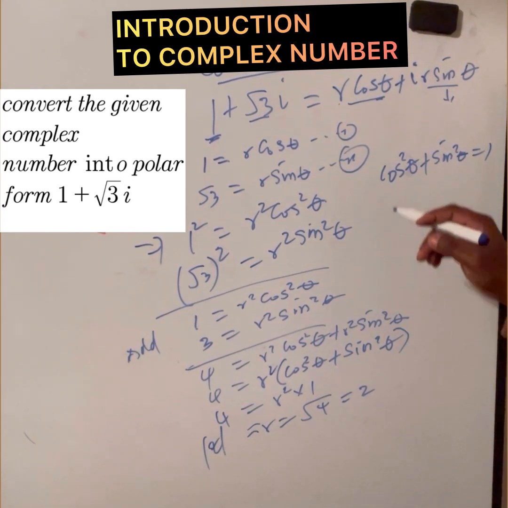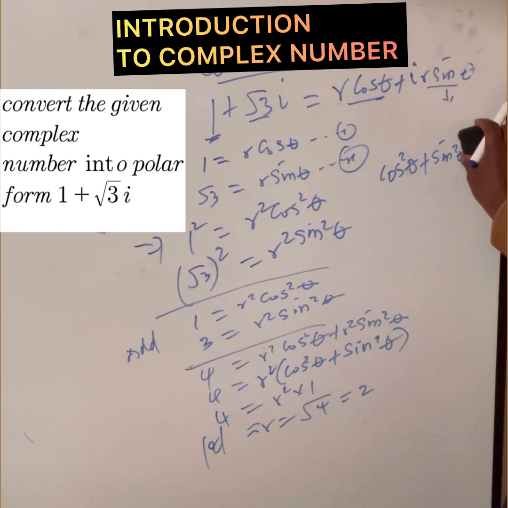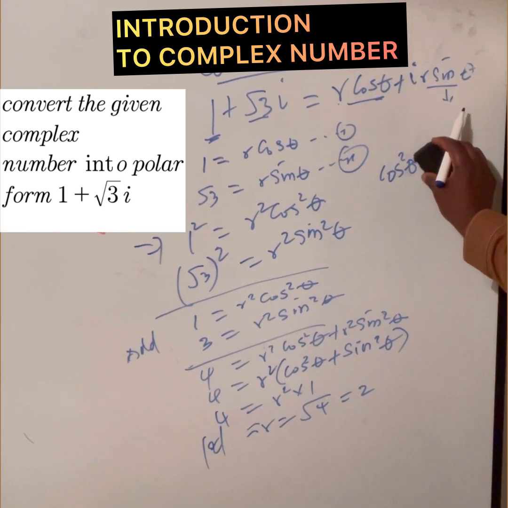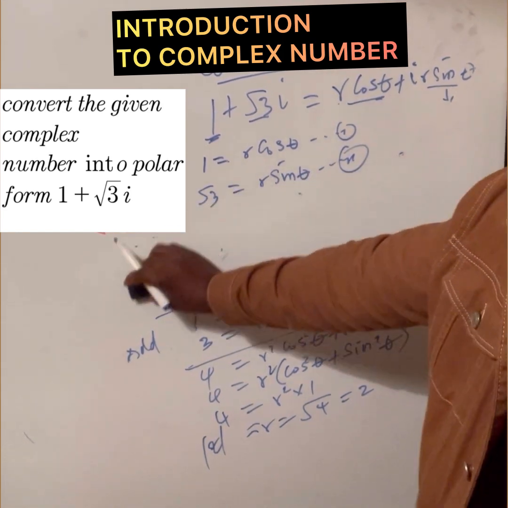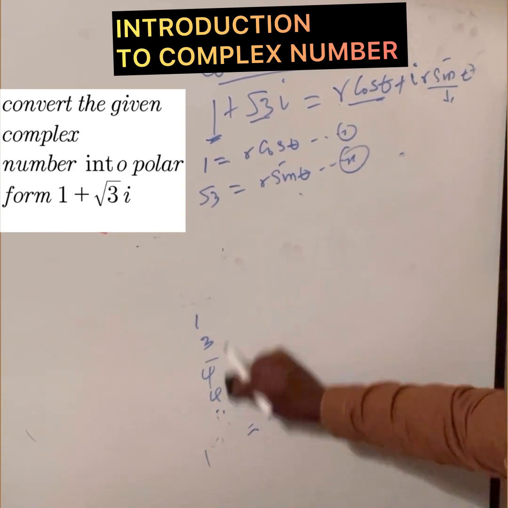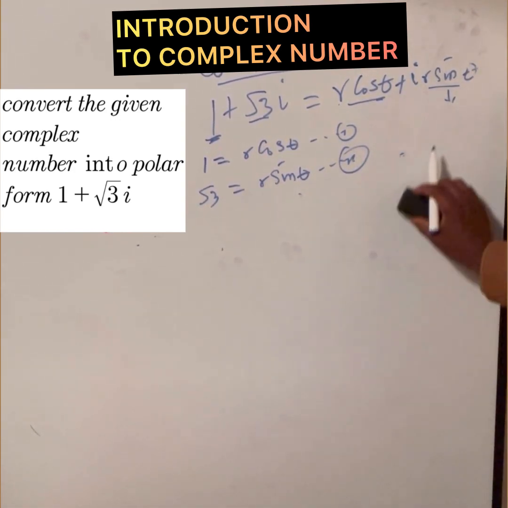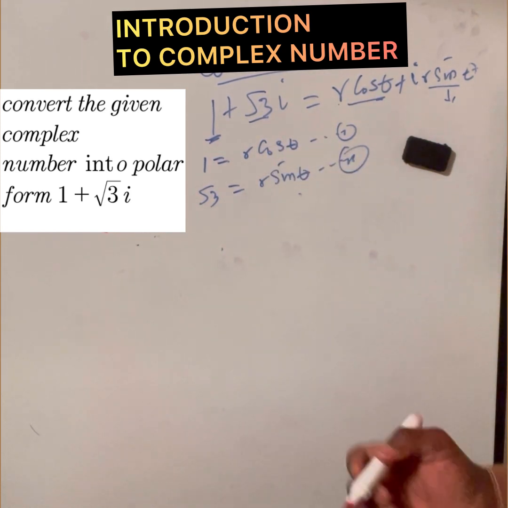So I'm going to recall this. Let me clean this up. So we know that r now is 2. The next thing is to bring the first equation and replace r with 2.